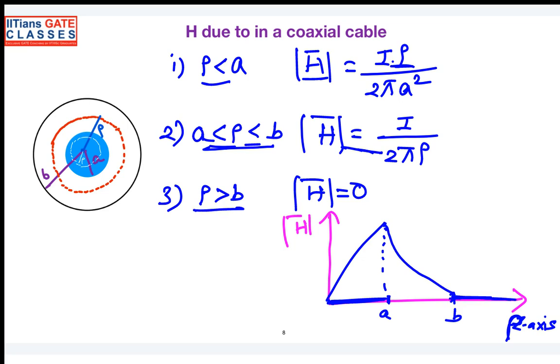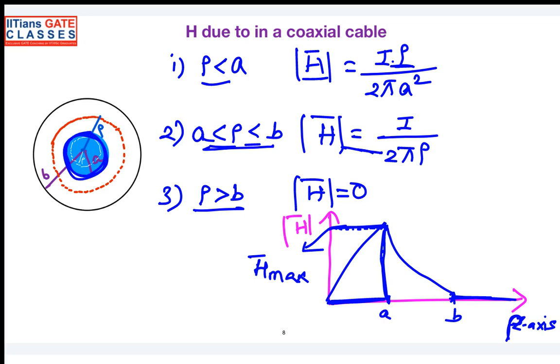So at what point is the magnetic field intensity maximum? You can see here the magnetic field intensity is maximum when rho is equal to A. That means when you are on the surface of the inner conductor, the magnetic field intensity is maximum. You can find out that value also.